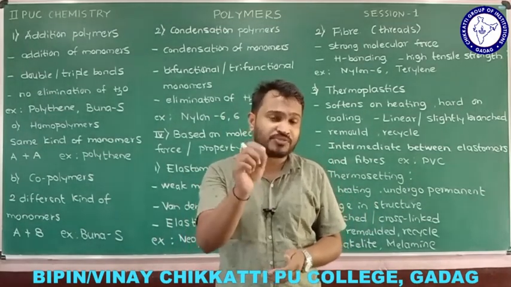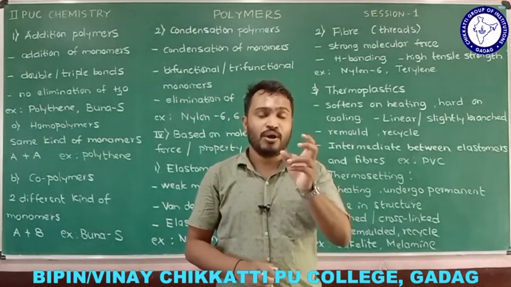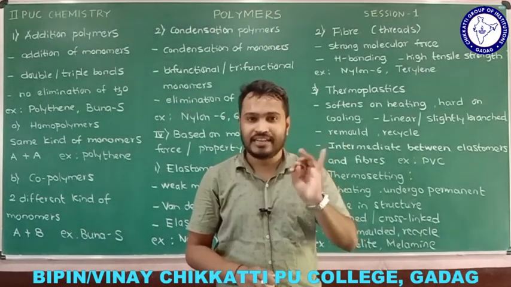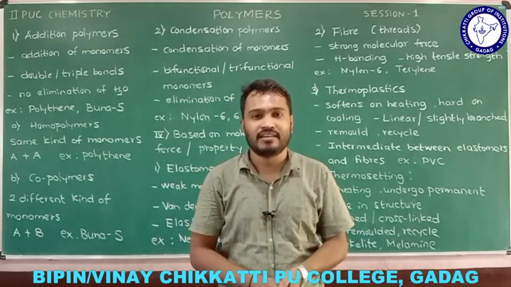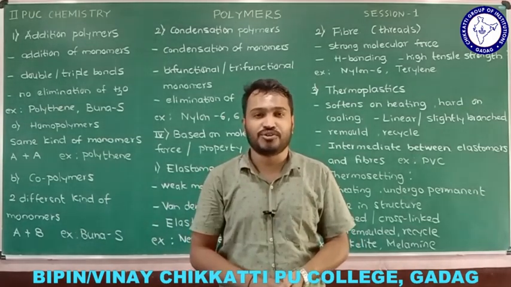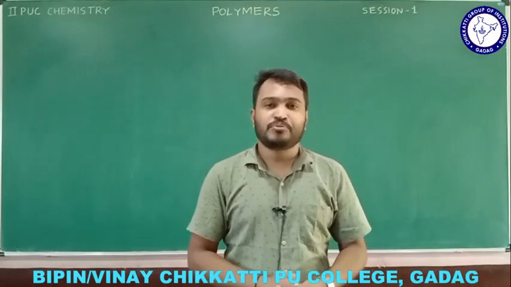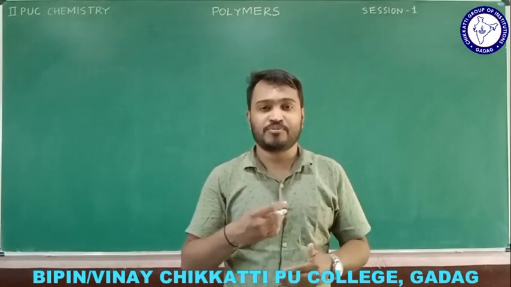In addition polymers, we have 2 types: copolymers and homopolymers. Based on molecular forces, we have 4: elastomers, fibers, thermoplastics and thermosetting plastics, and altogether that is nothing but the different classification of polymers.